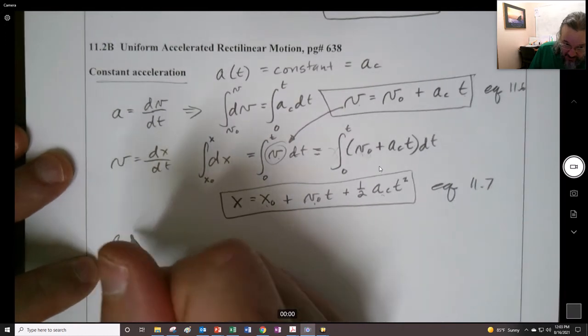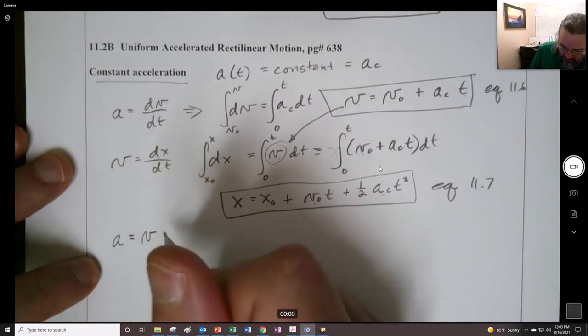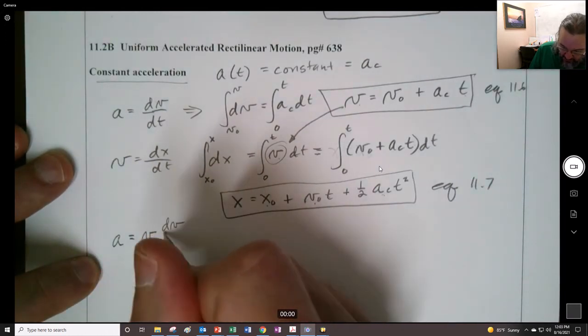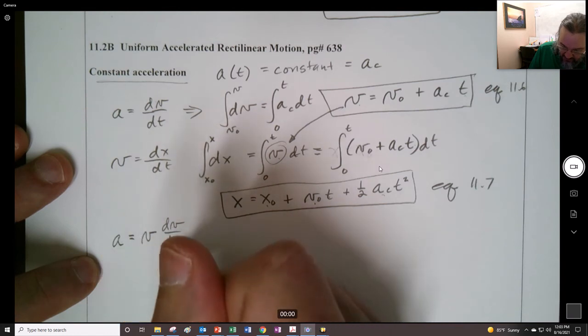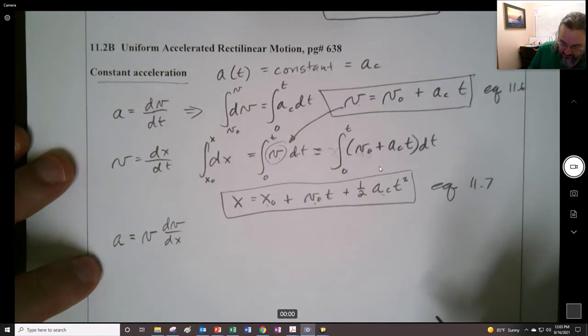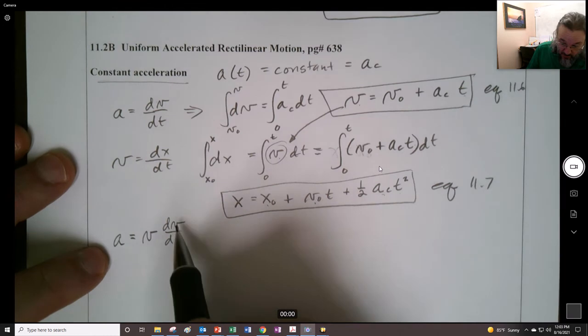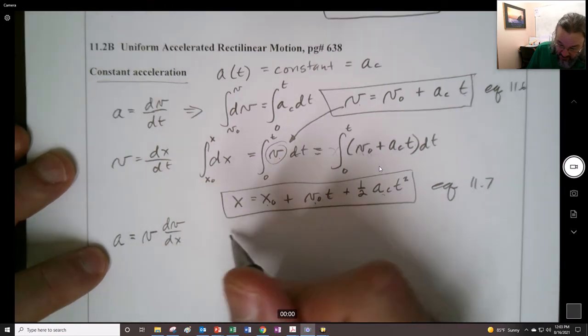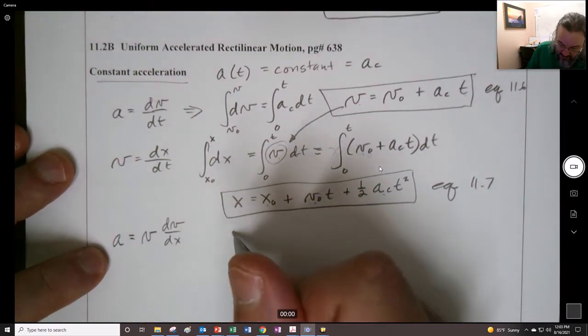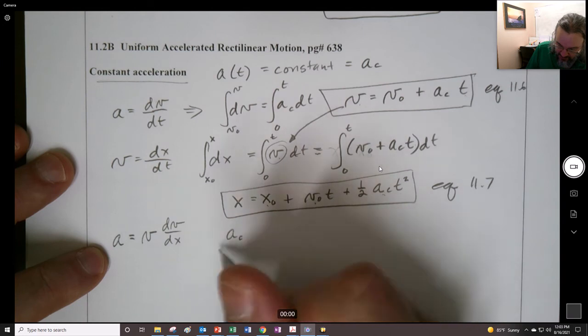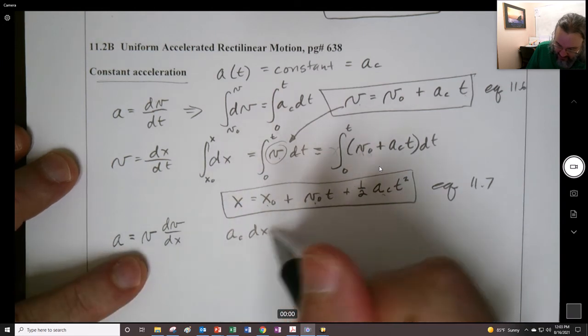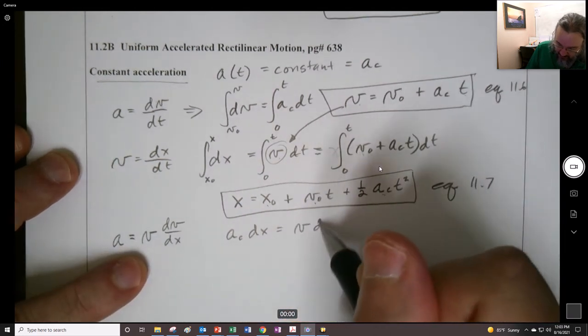Remember that acceleration can also be expressed as v times dv dx, right? So what we could do is take acceleration, which remember is constant, times dx is equal to v dv.